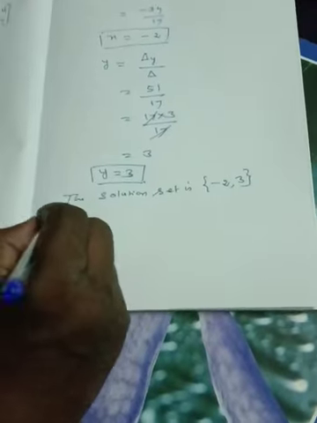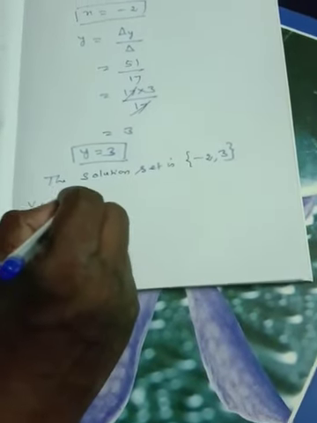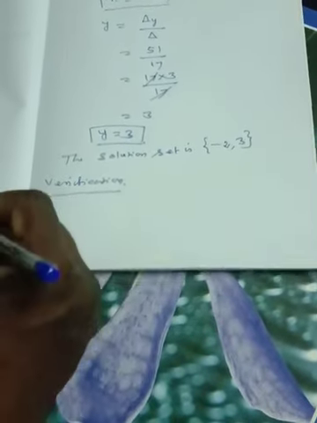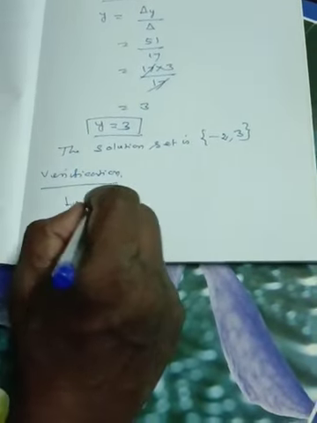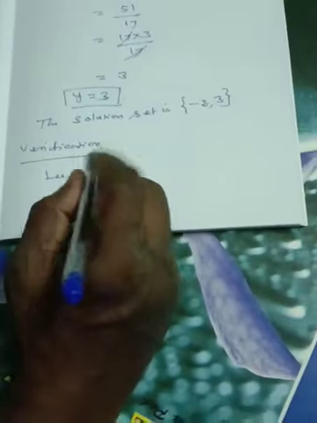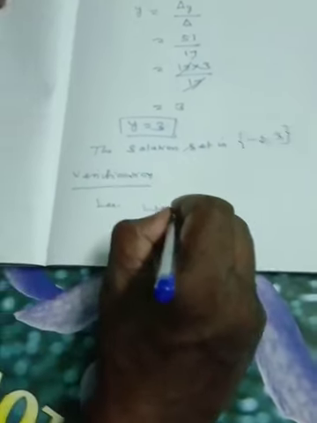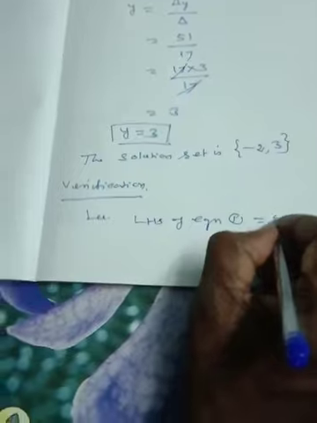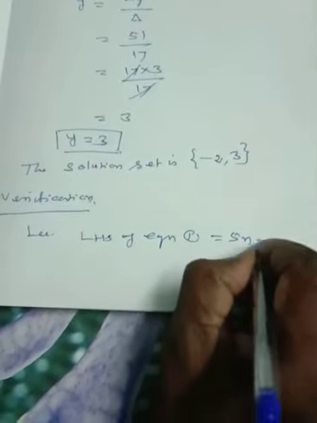Next verification. Let us take the LHS of equation number 1. LHS of equation number 1 is equal to 5x minus 2y.